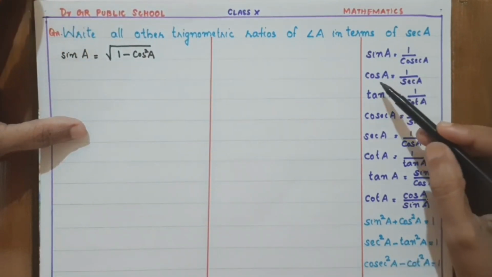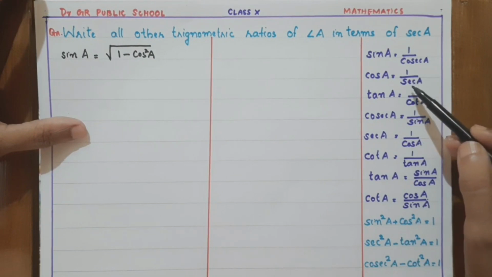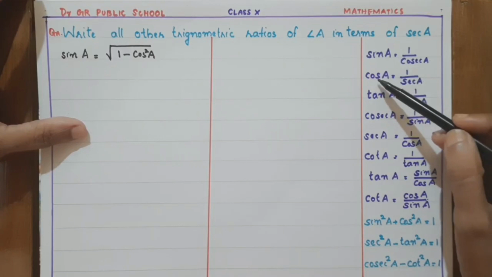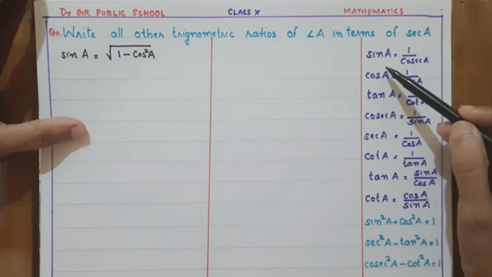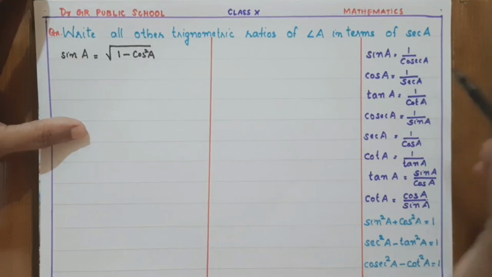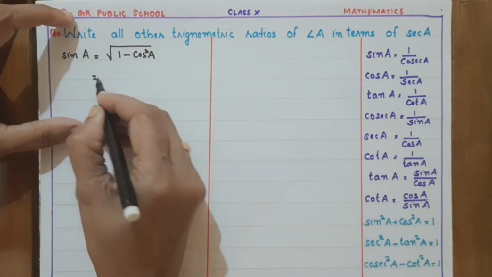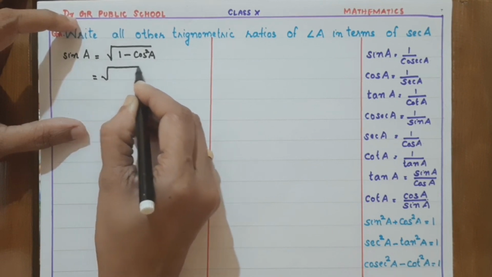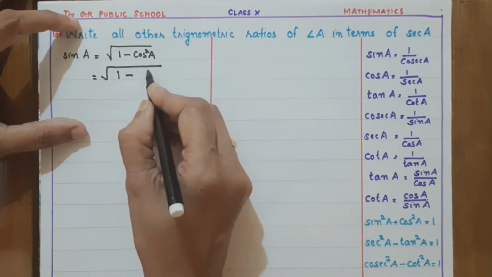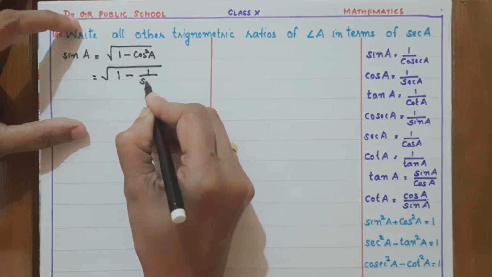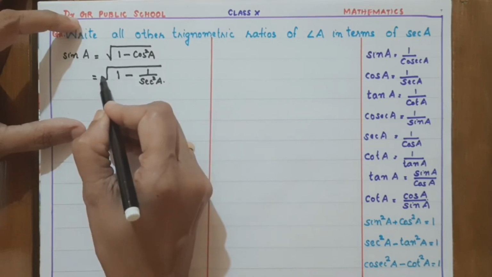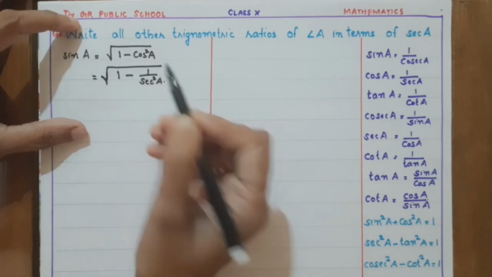Now we can convert cos into the sec ratio, isn't it? So cos A is equal to 1 by sec A. So what is cos square A? Cos square A is equal to 1 by sec square A. So square root of 1 minus cos square A can be written as square root of 1 minus 1 by sec square A. So this much is inside the square root.